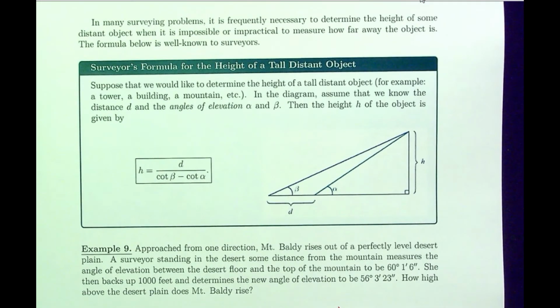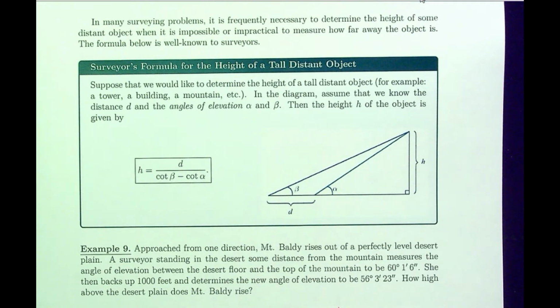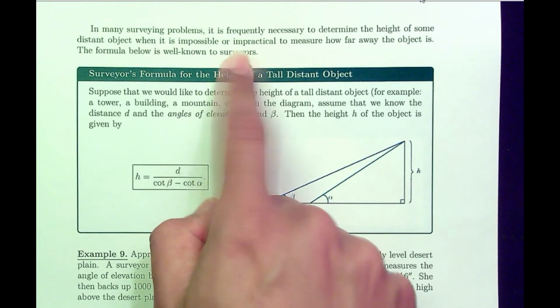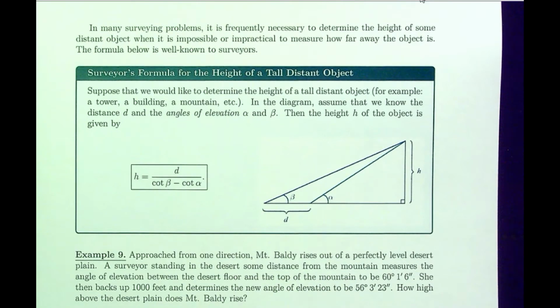So in many surveying problems, it is frequently necessary to determine the height of some distant object. So something far away, let's say a mountain, or some other object that perhaps is not that big, but for which it is impossible or impractical to measure how far away the object is.